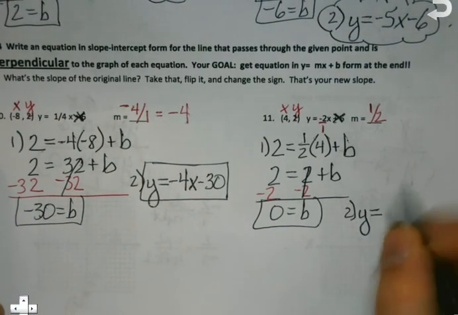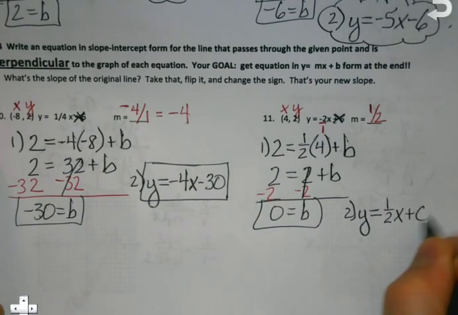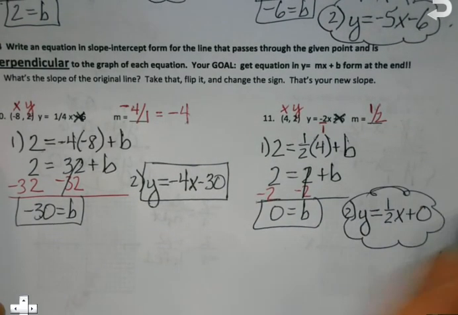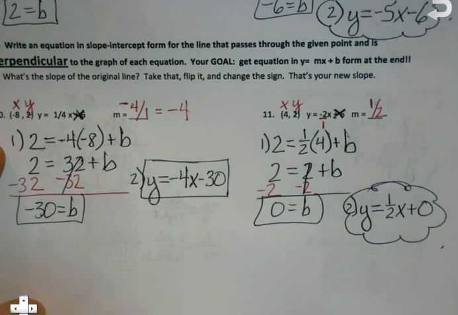Y equals mx plus c. Do not have to have the plus 0. If you put it, it's fine. If you don't, y equals half x is all good. But just keep noticing, it's the same step. Same step.